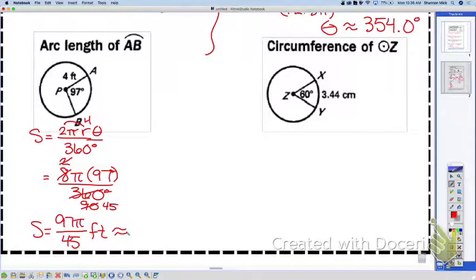And now you're ready to put it in your calculator because you've reduced it all the way. Where'd you guys go? 6.7.